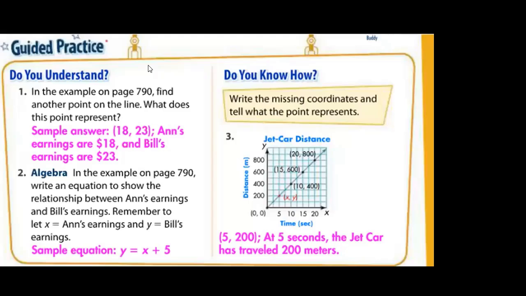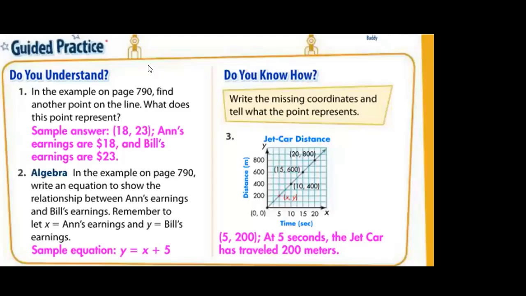We represented Anne's with X and Bill's with Y. He told me to let Anne's equal X and Bill's equal Y. This is written in front of you in question number 2.